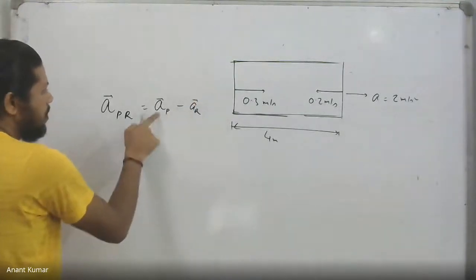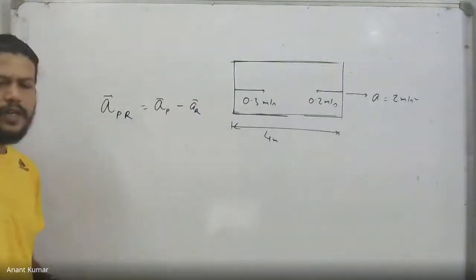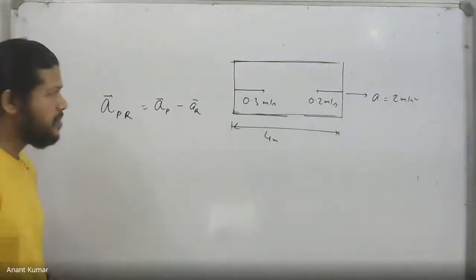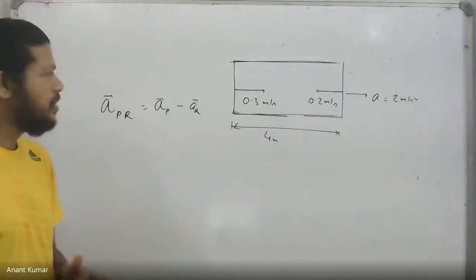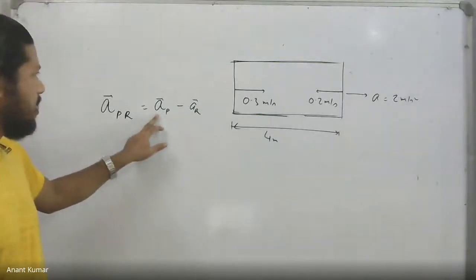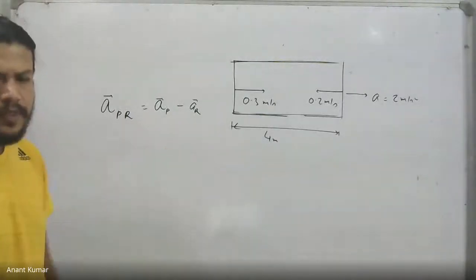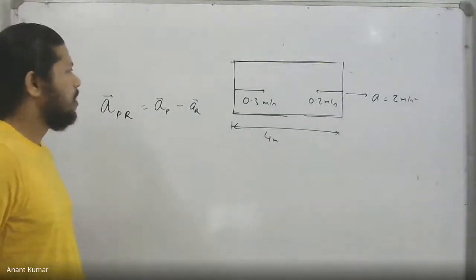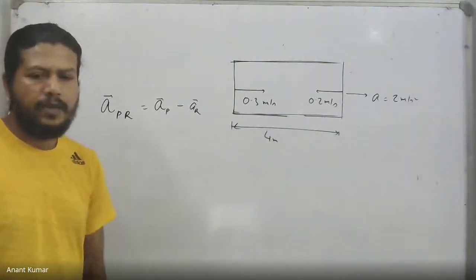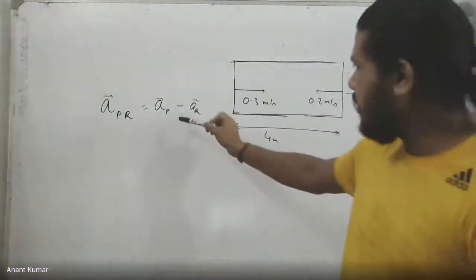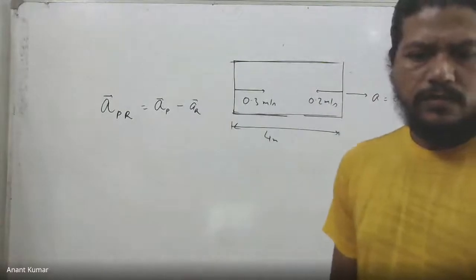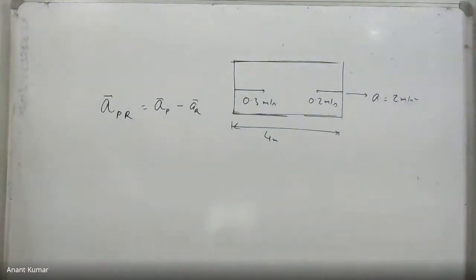This first part is 0, because with respect to the external observer, they are simply thrown with some speed, so they don't have any acceleration with respect to the inertial observer. So I end up getting that the acceleration of any particle with respect to the rocket is nothing but the negative of the acceleration of the rocket. With respect to the chamber, the acceleration is not 0.